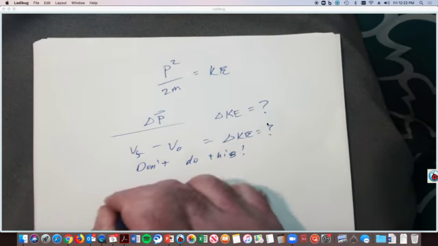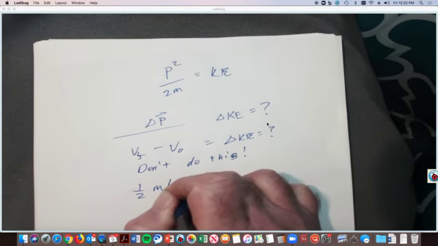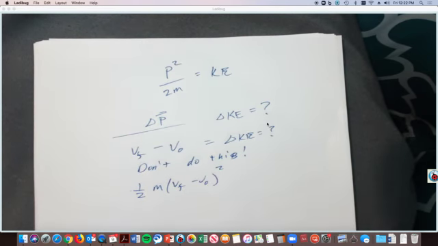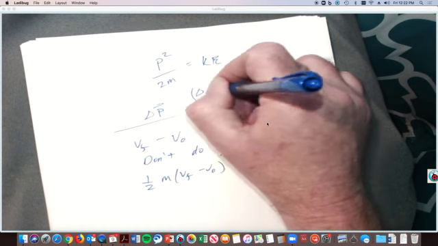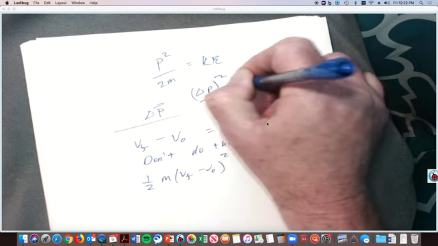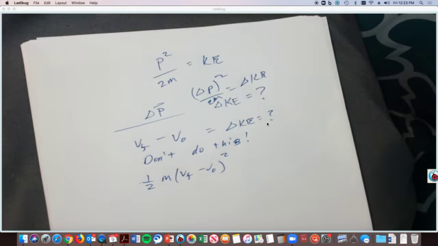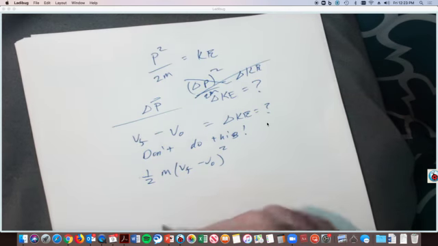Don't do this. Don't go, oh, it's 1/2 m (v final minus v initial) squared. That's exactly what I did when I said that change in P, just do this. I did that. This is bad. This is okay.